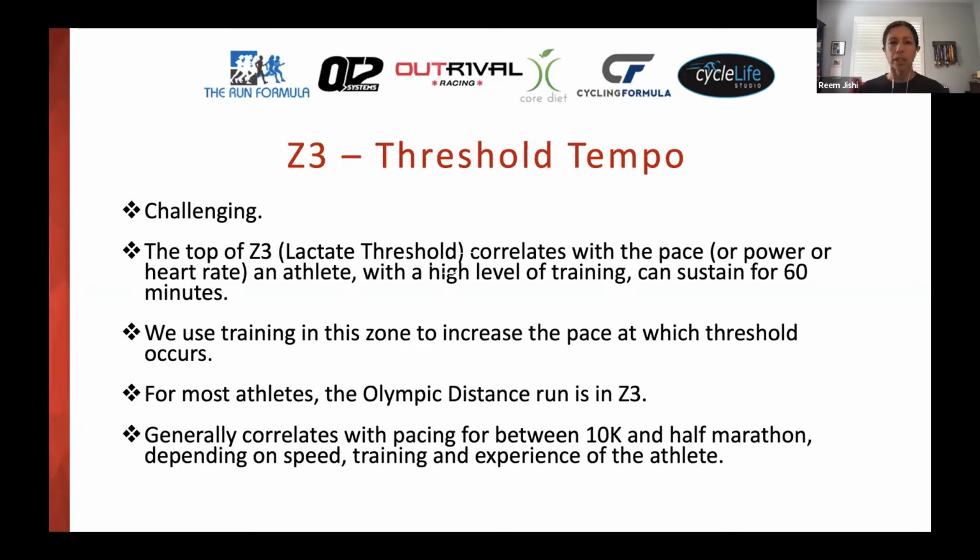For elite runners, this could be your half marathon pace at the upper end. At the lower end, you are looking more like between 10K and half marathon. So the goal here is basically to increase your pace. We use this to try to push out when the lactate threshold occurs.